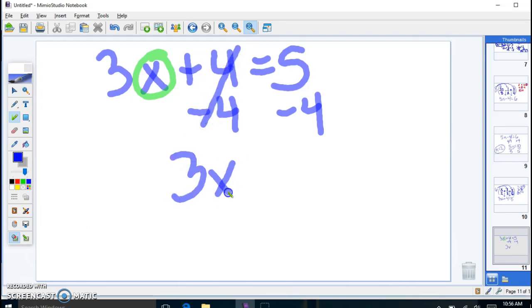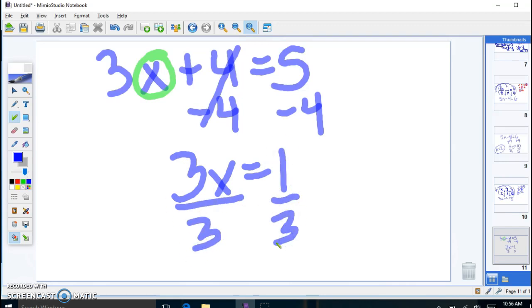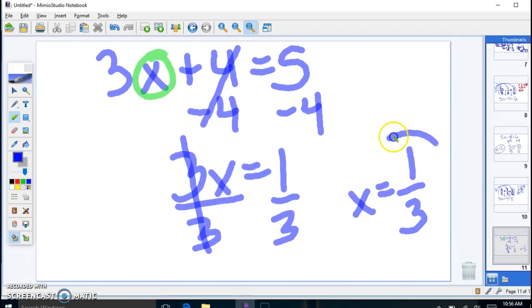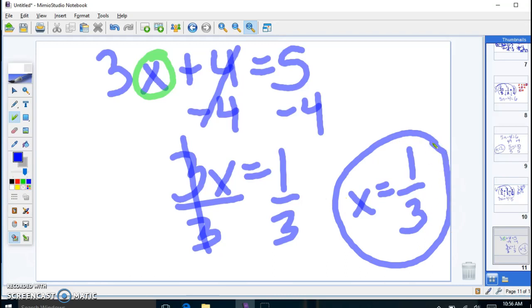We're left with 3x equals 5 minus 4, which is 1. Divide both sides by 3, and it's okay, you don't always get a whole number. 1 divided by 3 we'll leave as a fraction, therefore x equals 1/3. Don't worry about trying to change that to a decimal, especially a decimal that goes on forever and ever. Leave it as a fraction, x equals 1/3.